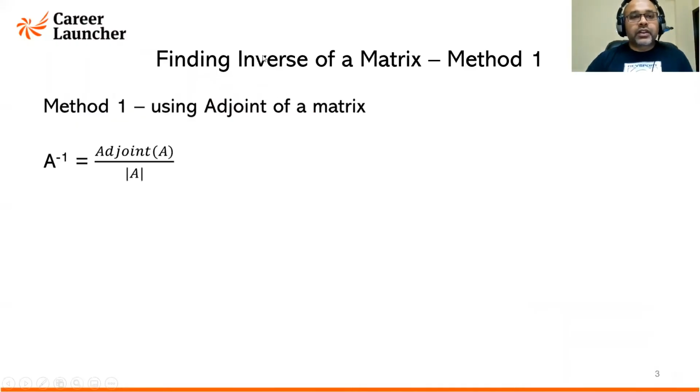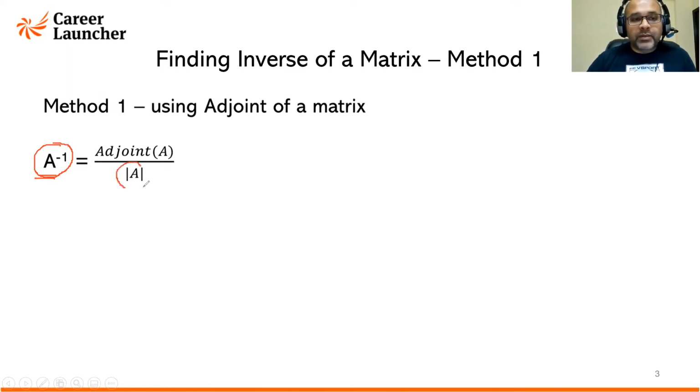All right, so let's first understand the definition of the inverse of a matrix. The standard definition of the inverse of a matrix is, if you remember, A inverse is given by this notation. The formula is adjoint of the matrix A divided by the determinant.